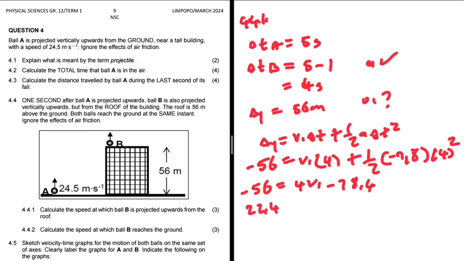So 22.4 is equal to 4 VI. Obviously, we just divide both sides by 4, and we get 5.6. So this is 5.6 meters per second. Oh, well, we don't have to give the direction because it says the speed. But, right, that is the speed.